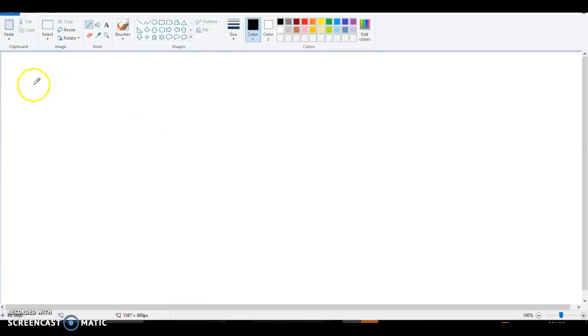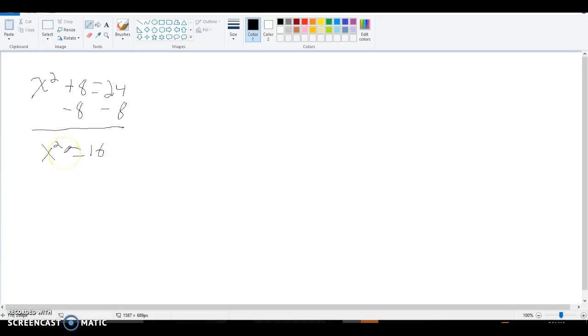If I have an equation that is x squared plus 8 equals 24, we're going to subtract both sides by 8. So we're going to have x squared equals 16.